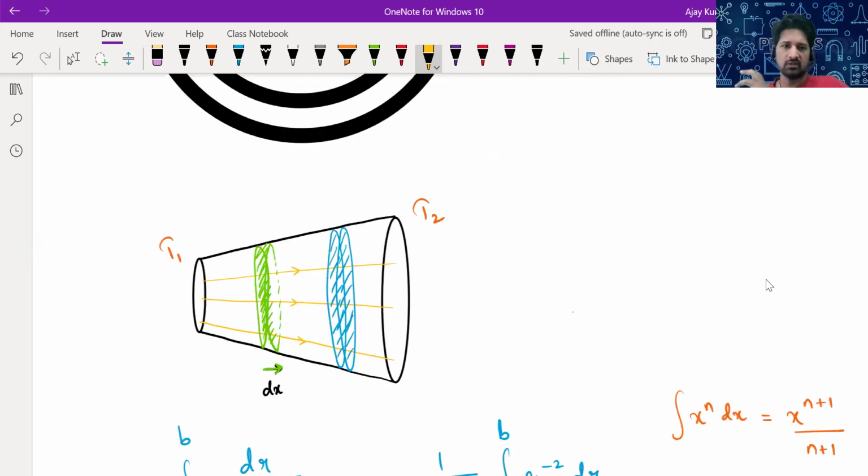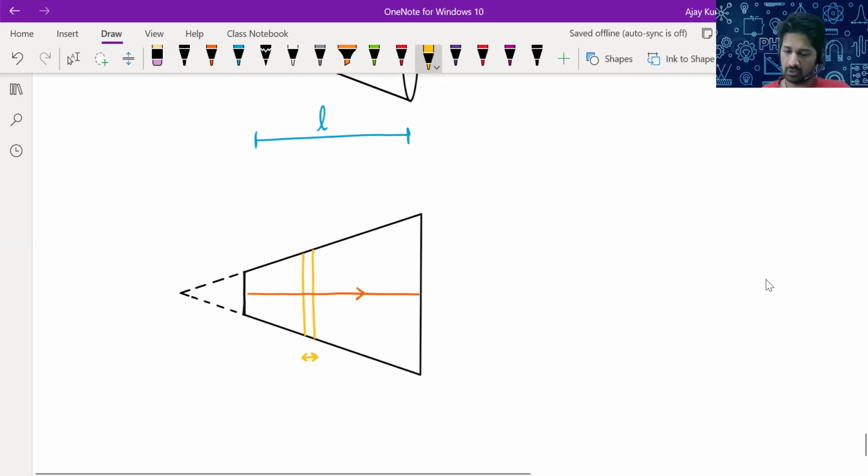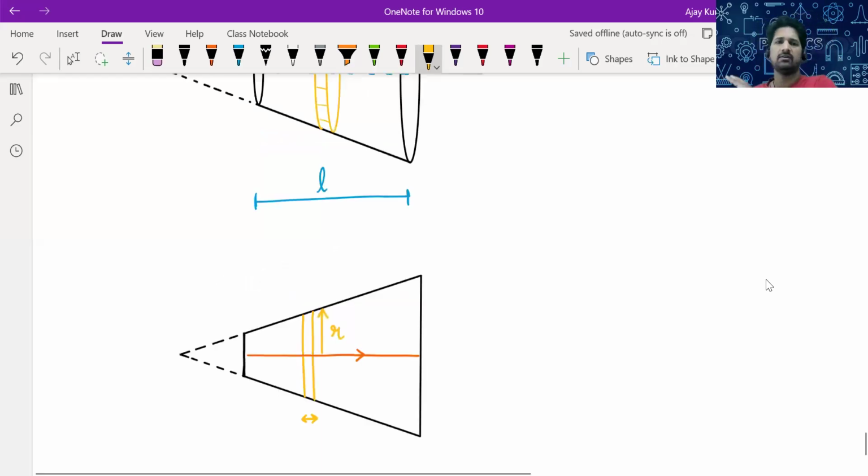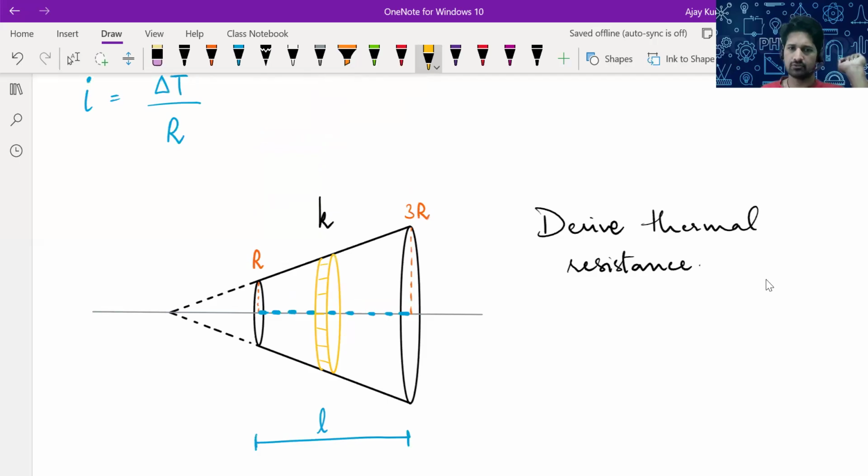If you want to write the area of cross section, you need to know the radius of this disk, which keeps changing from disk to disk as the heat flows from left to right. The first disk which the heat passes through has a radius of cross section R. The last disk that it passes through has radius 3R. So that radius is a variable.